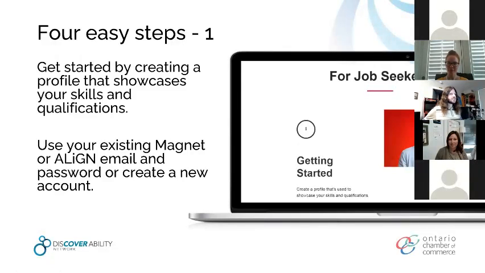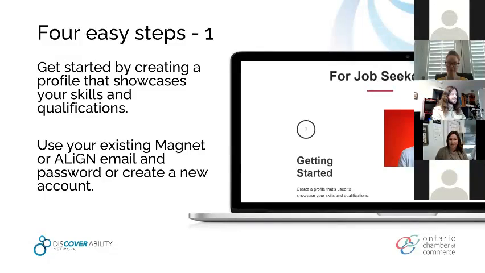If you're familiar with Magnet, Magnet is the tech power behind the platform. They're a much larger job matching platform. Discoverability is a community within Magnet. So our community is specifically inclusive employers and job seekers with disabilities, whereas Magnet is any employer and any job seeker.